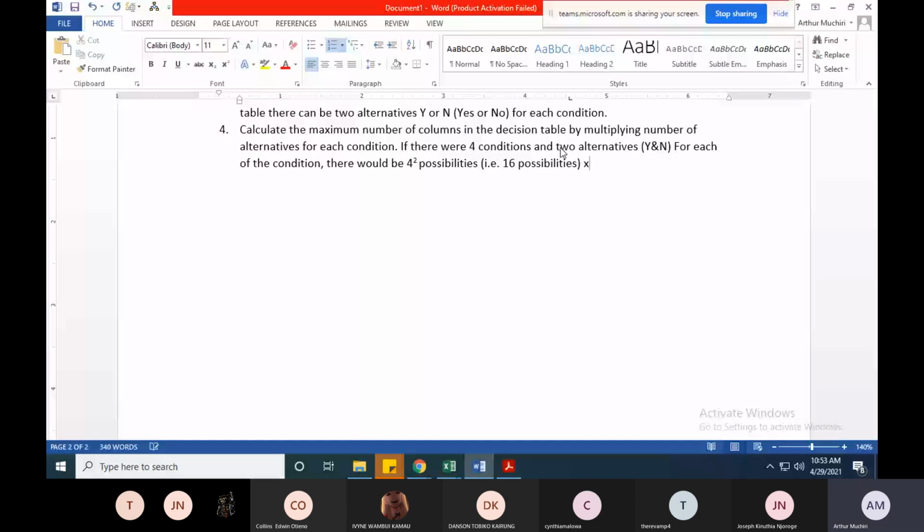So x to power n, where x is the number of conditions, and n is the number of condition alternatives.